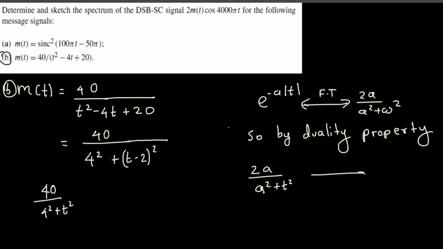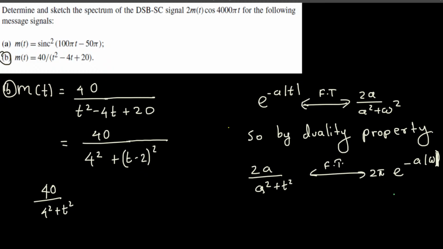And the Fourier transform of this, when we go from time domain to frequency domain using the duality property, will be multiplied by 2π. The other things will be the same: e power minus, in this case, a|ω|.